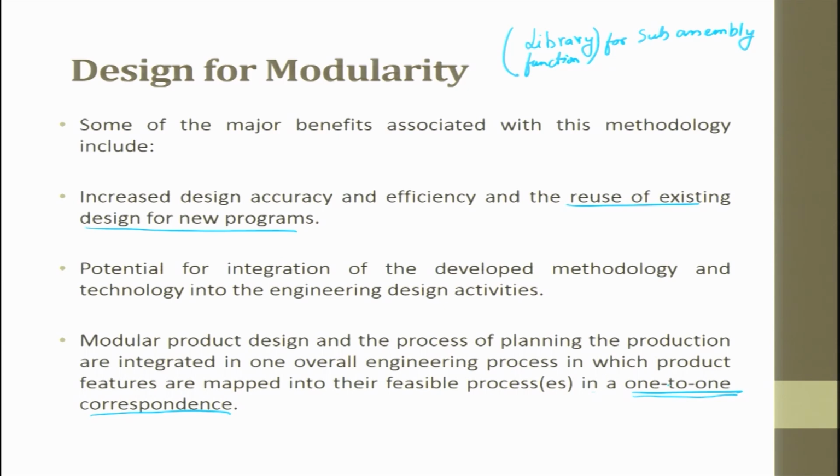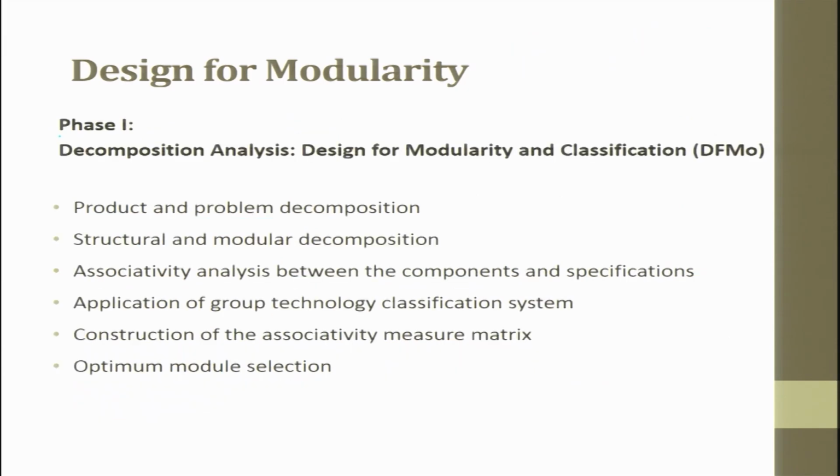In phase 1, design for modularity and classification, we do product and problem decomposition, structural and modular decomposition, associative analysis between the component and the specifications, and application of group technology classification technique. So, group technology.